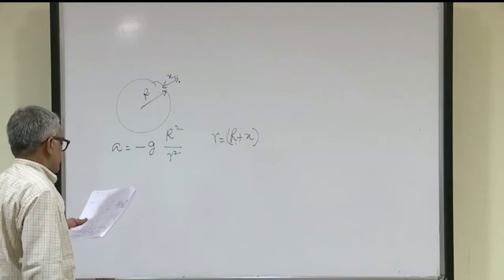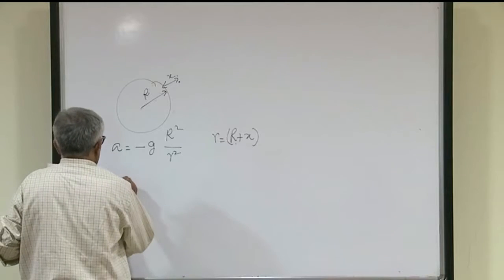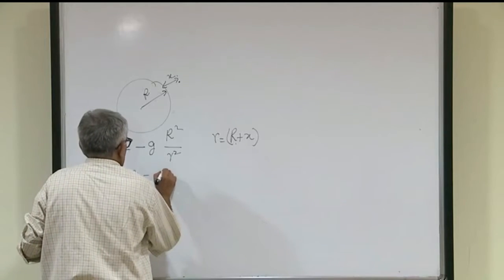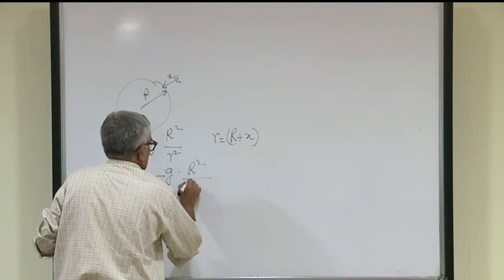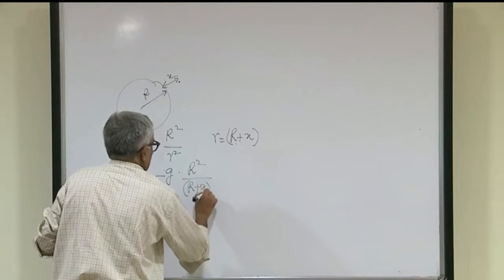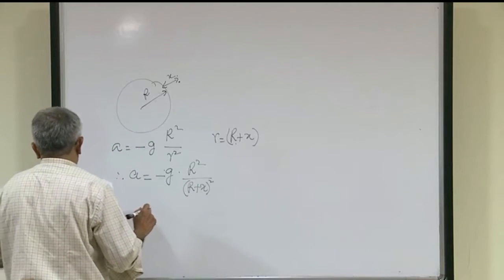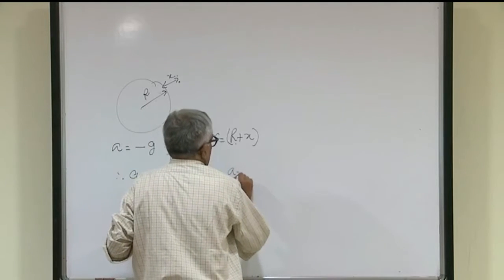Therefore, a equals minus g times r squared over r plus x whole squared. Now, a equals dv over dx.